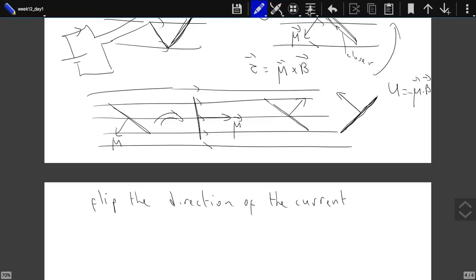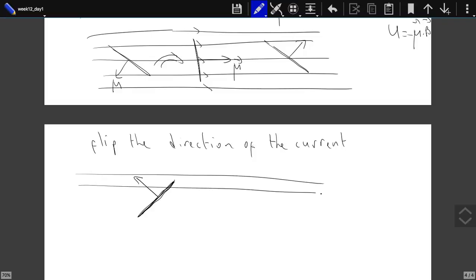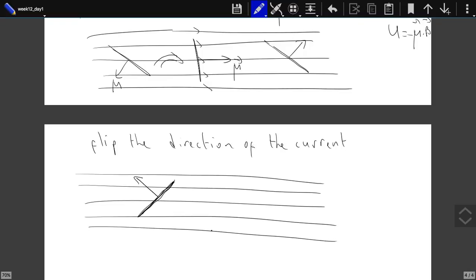So what will be the direction of the magnetic dipole moment at that instant? So how is the magnetic dipole moment affected by this change in the direction of the current?